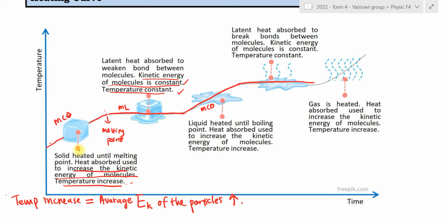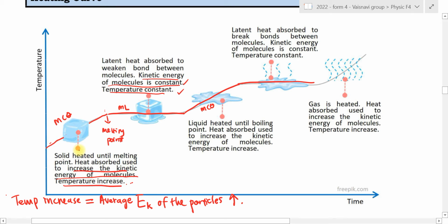Tapi dalam chemistry kita akan tulis heat energy is absorbed to overcome the force of attraction. Macam tu kan. Yang ni dia lain sikit, kita kena hurai dia. To break the bond, to weaken the bond between the molecules. Kinetic energy of the molecule is constant.